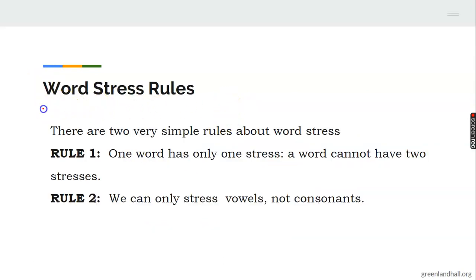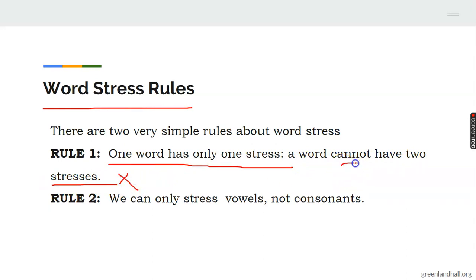Now let's look at the word stress rules. There are two very simple rules about word stress. Number one: a word has only one stress. Note that. That is to say, a word cannot have two stresses. It's not possible.